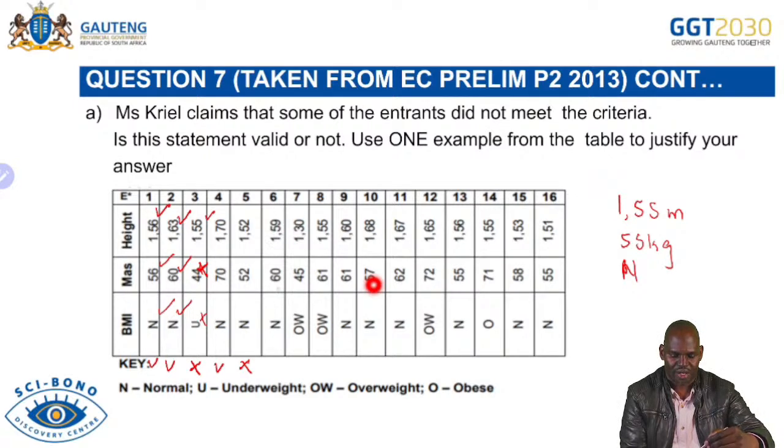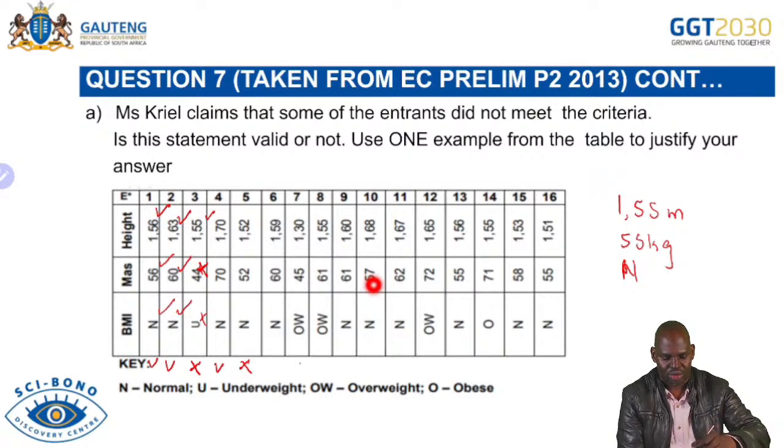It's 1.59, and then 60, and then 7 obviously is out. 8 is also out because of the overweight. Okay, even if we look at the other requirements. And then number 9, okay, is in. 10, 1.68 and 57 is in.